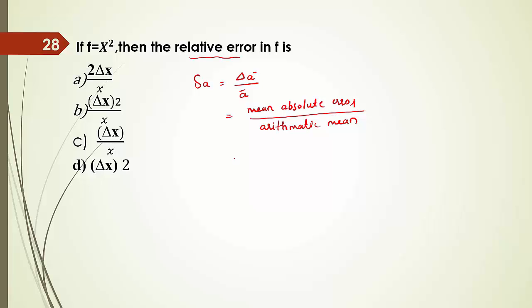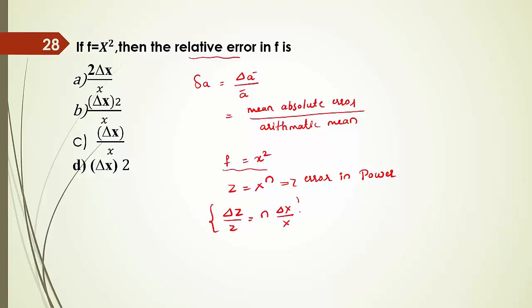Here the given question is f equals x square. First observe that this is error in power. F equals x square is of the form z equals x raised to n, so we can call it error in power. For z equals x raised to n, we can write delta z over z equals n into delta x over x.